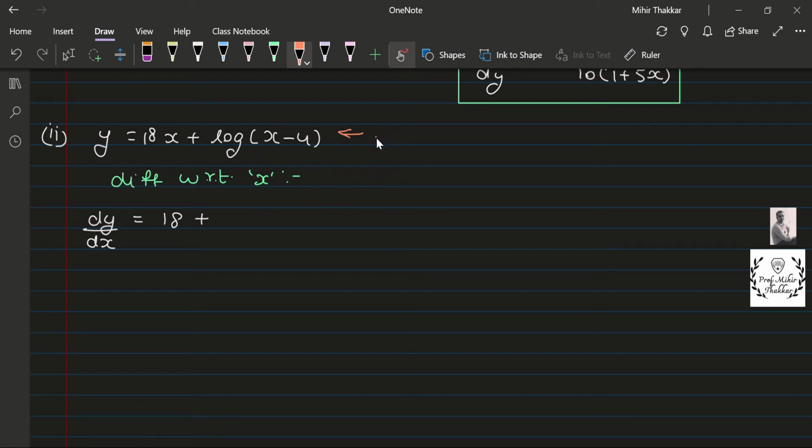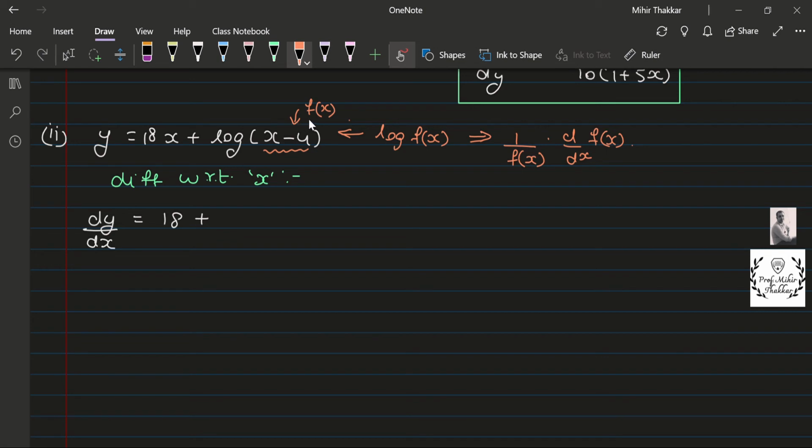So I consider this is log of fx, and the derivative of log fx is 1 upon fx into derivative of fx. So this x minus 4 is considered as fx. I have told you anything other than x is always fx. So basic derivative of log x is 1 upon x. So I get 1 upon fx.